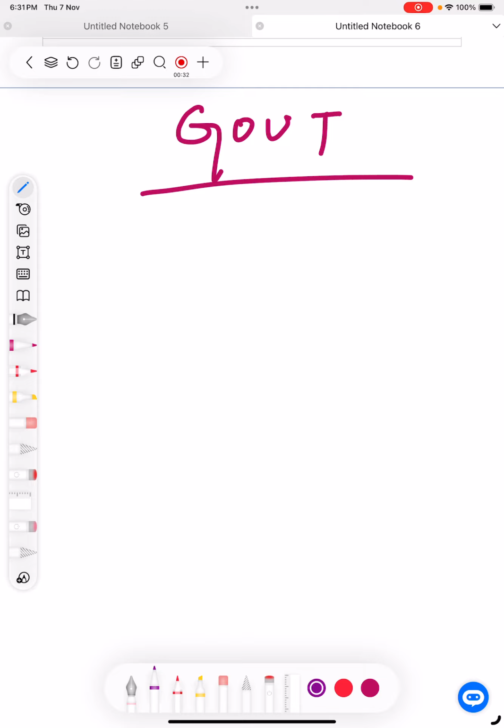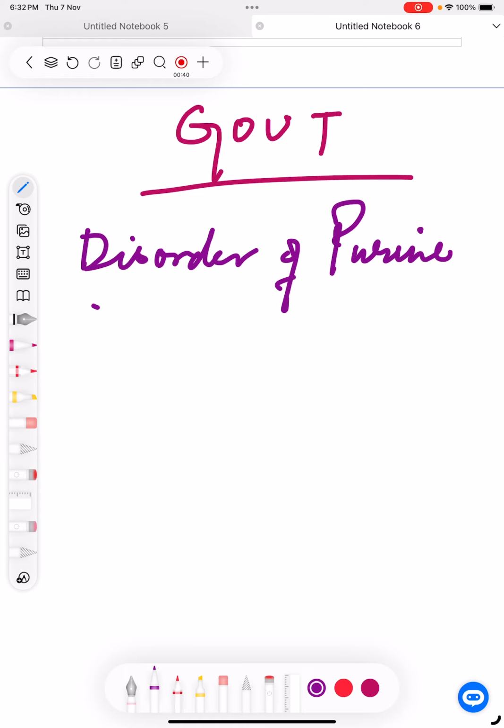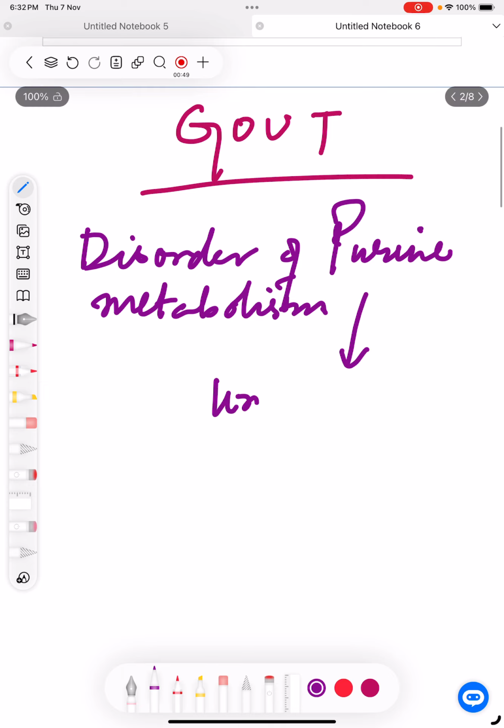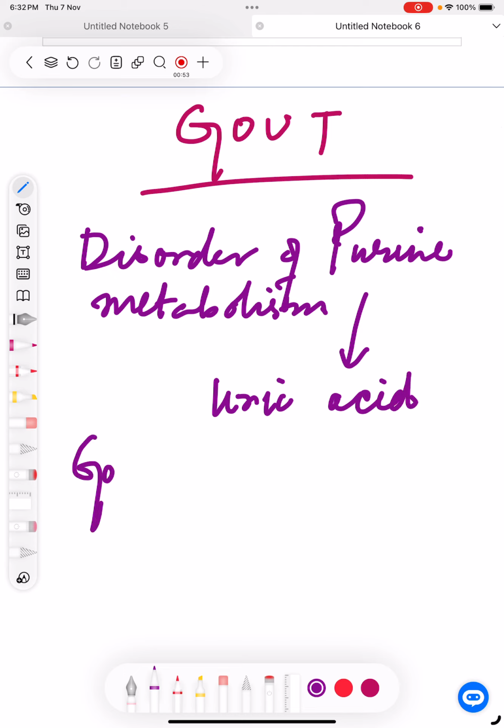So, gout is basically a disorder of purine metabolism, and the byproduct of purine metabolism is actually uric acid. Now, what happens in gout?